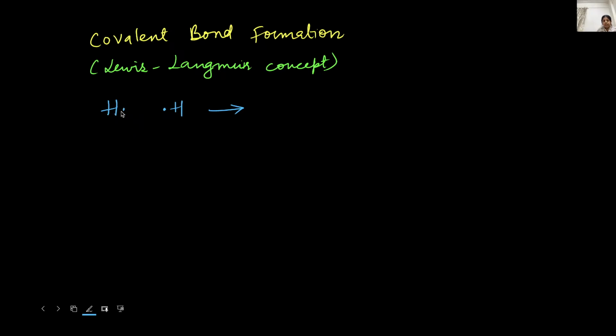See, hydrogen can attain the nearest noble gas configuration of helium, which has electronic configuration equal to 2. To attain this helium electronic configuration, it needs one more electron.